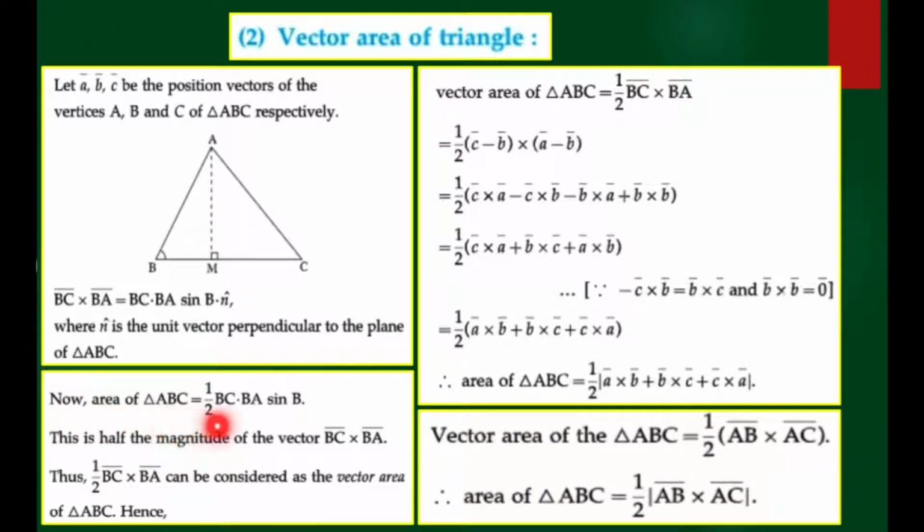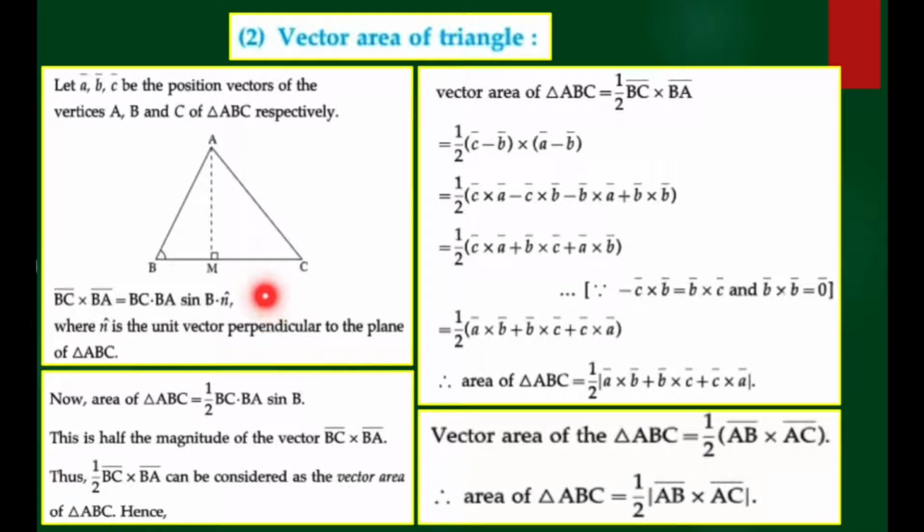Now area of triangle equals half into BC into BA into sin B. This is half the magnitude of vector BC cross BA. So we calculate here the value of vector BC cross BA, that is BC into BA into sin B into the unit vector.